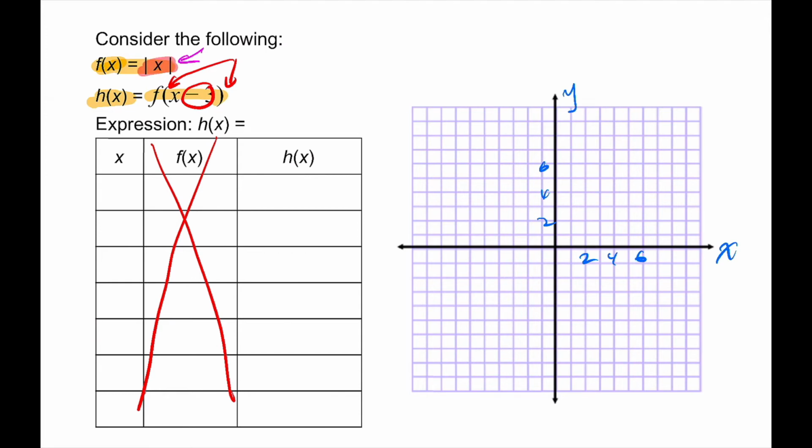So knowing what the absolute function looks like, it's a v, it's got the pointy end, and really the most important part of that absolute function is where that corner or that pointy end of the v is. And we know that happens when we take the absolute value of 0. So notice I was careful here, and I didn't say when x is 0, but we want to take the absolute value of 0.